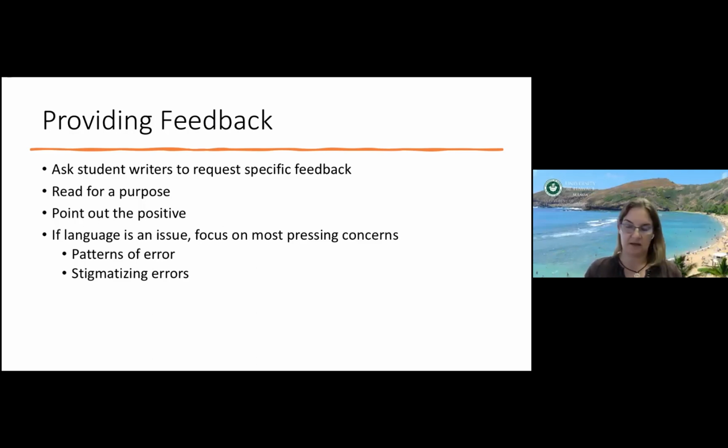There may be conditionals, if this happened, then we did that. If something else, then we did something else. And then also stigmatizing errors. So things that aren't huge, but that readers will think poorly of the writer if you see that kind of thing in their paper. So focus on those.